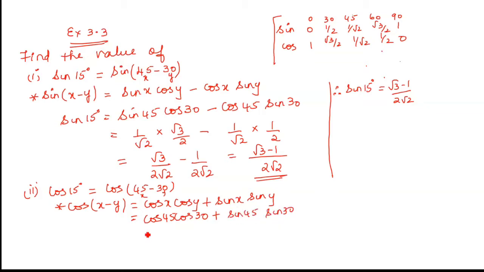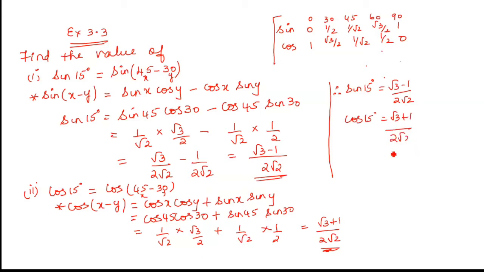Cos 45 is 1 by root 2, cos 30 is root 3 by 2, plus sin 45 is 1 by root 2, sin 30 is 1 by 2. So what did you find? You found root 3 plus 1 by 2 root 2. So always remember, sin 15 is root 3 minus 1 by 2 root 2, and cos 15 has the opposite sign, root 3 plus 1 by 2 root 2.